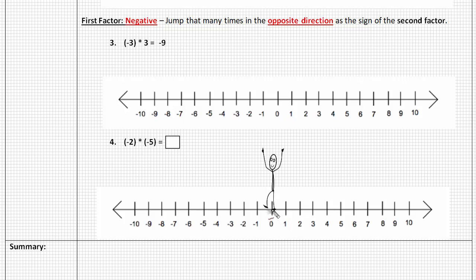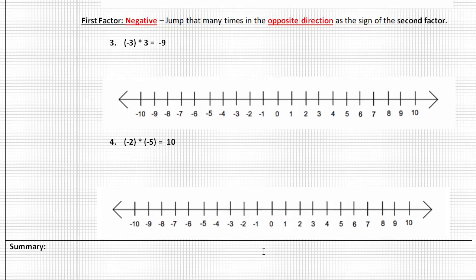So starting at 0 to multiply negative 2 by negative 5, we're going to make 2 jumps in the positive direction. Our first jump will take us to positive 5, and our second jump will take us to positive 10. And that is going to be our final answer. So negative 2 times negative 5 equals positive 10.